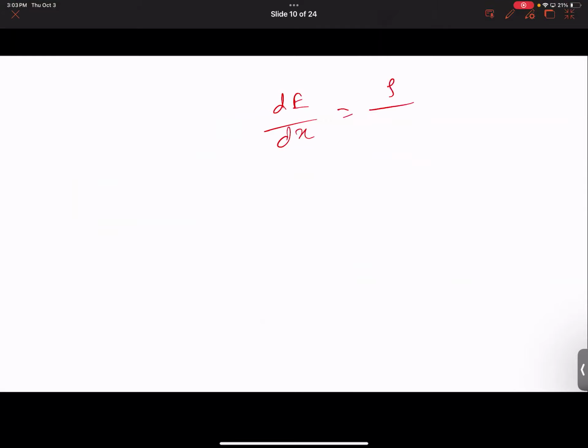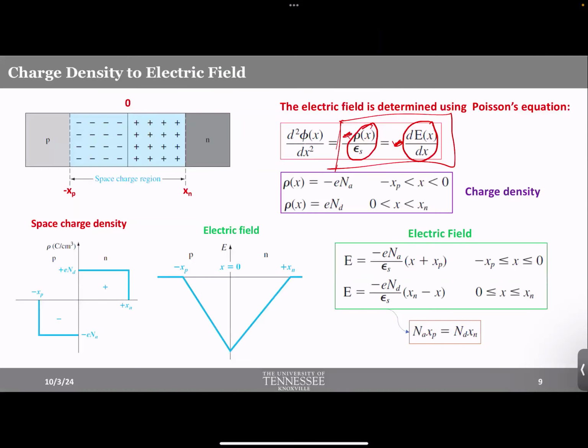Okay. Now, so essentially, you have d/dx of E equals rho over epsilon s. And rho is a function of position. Rho is a function of x, by the way. At different position, it's different. How do you know? Along x-axis, you can have some value or you can have 0, you see? So it changes with position, right? Or if you go to negative x, it changes again. So rho is a function of x. That's what this represents.